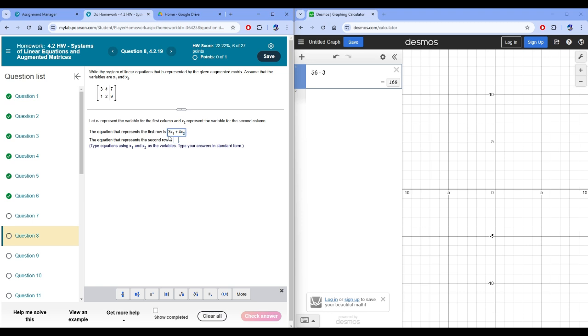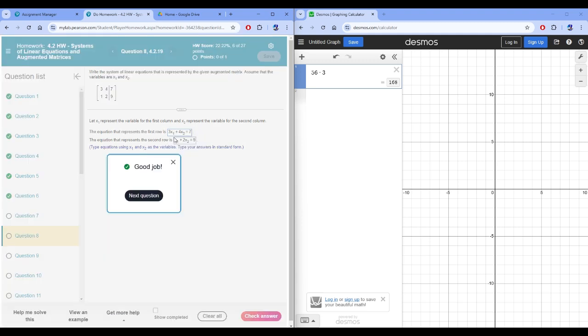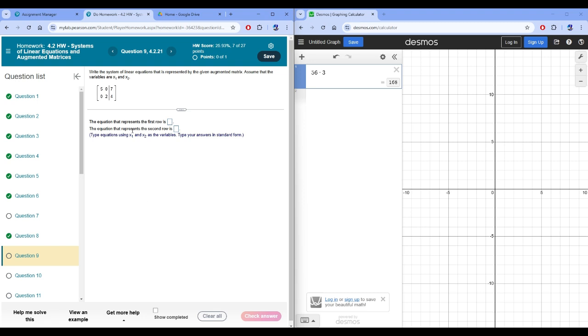Write the equation that represents the first line, equal to 7. Write the equation for the second line. That's going to be x1 plus 2x2 is equal to 9. There you go.